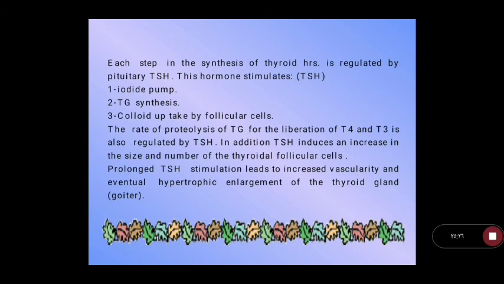In addition, TSH induces an increase in the size and number of the thyroidal follicular cells. So these follicular cells increase in number and size in the presence of TSH.